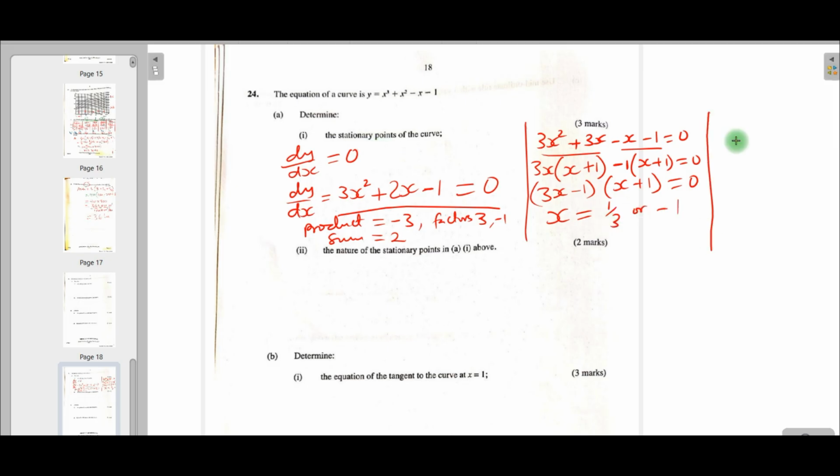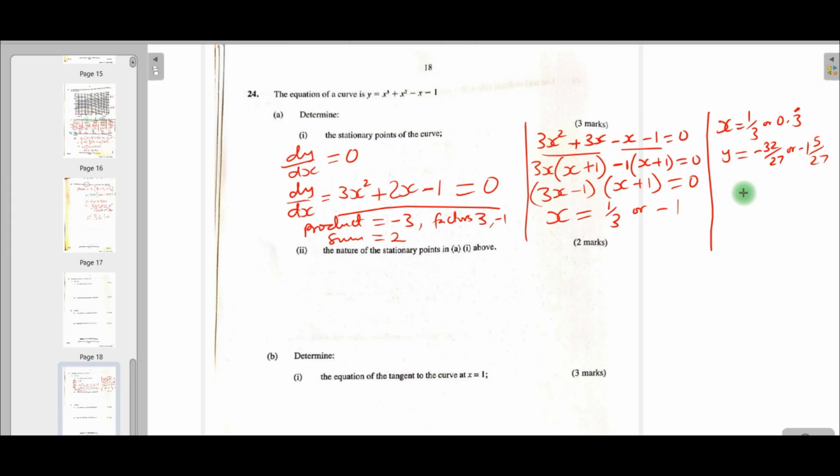So when x is 1/3, or 0.3 with a dot at the top of the 3 to show that it is recurring, then y will be, we substitute now into the original equation, and we shall get y as minus 32 over 27. That is minus 1 and 5 over 27 in the simplified form.